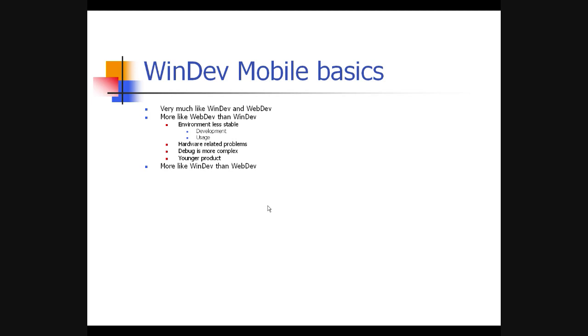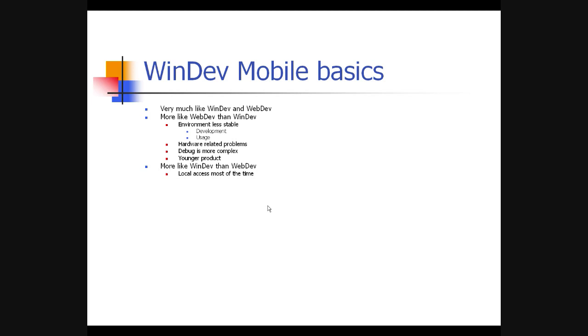Now there are a few aspects that make the development more like WinDev than WebDev. The first thing is that most of the time when you're using a mobile device, you are doing local access. You are working on a local database on your device. That's the highest percentage of use.